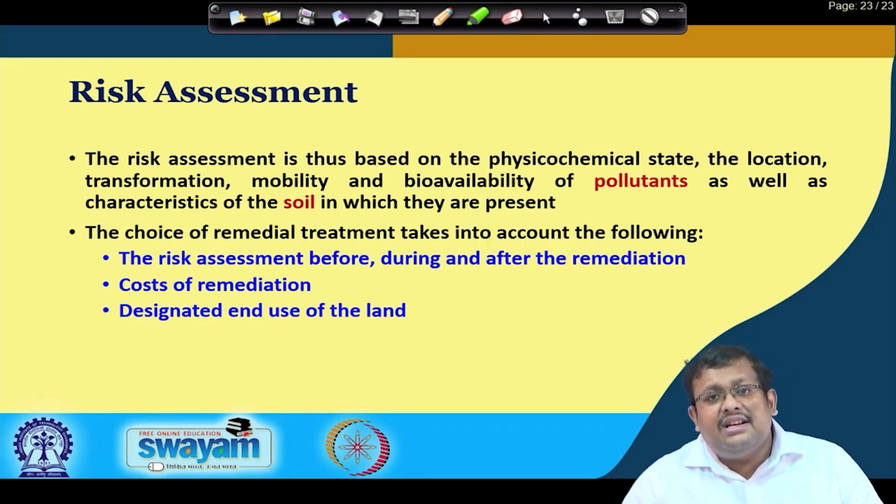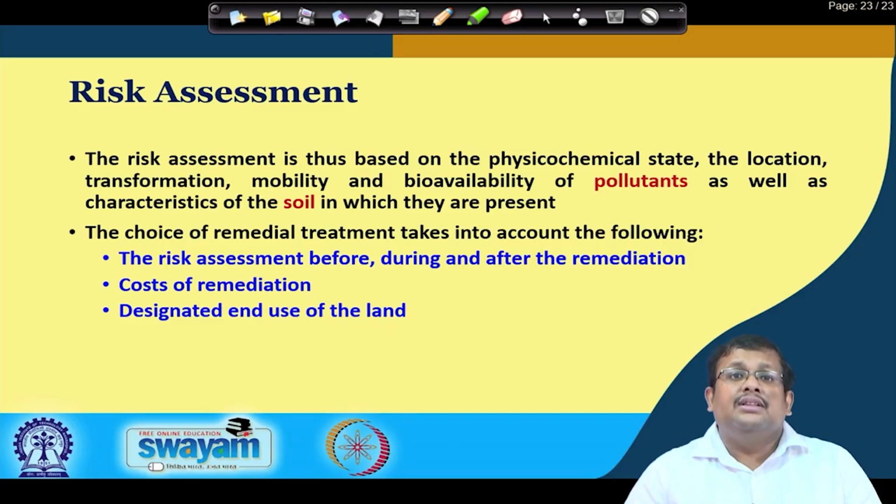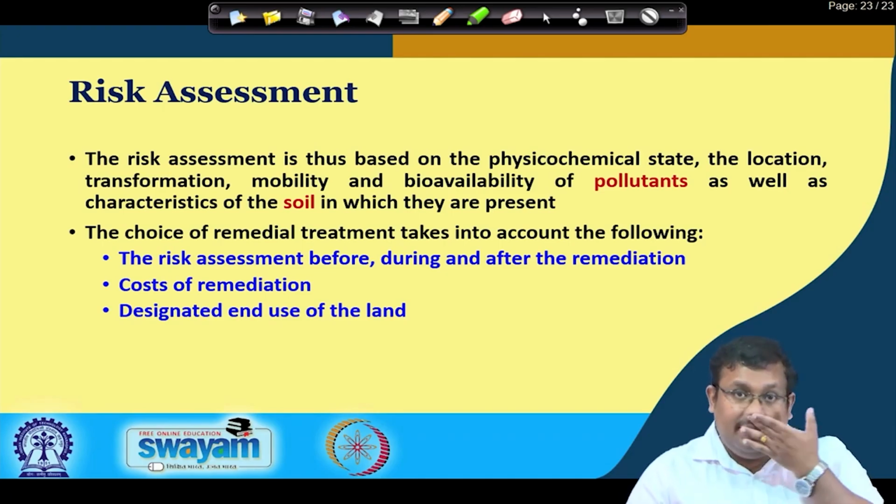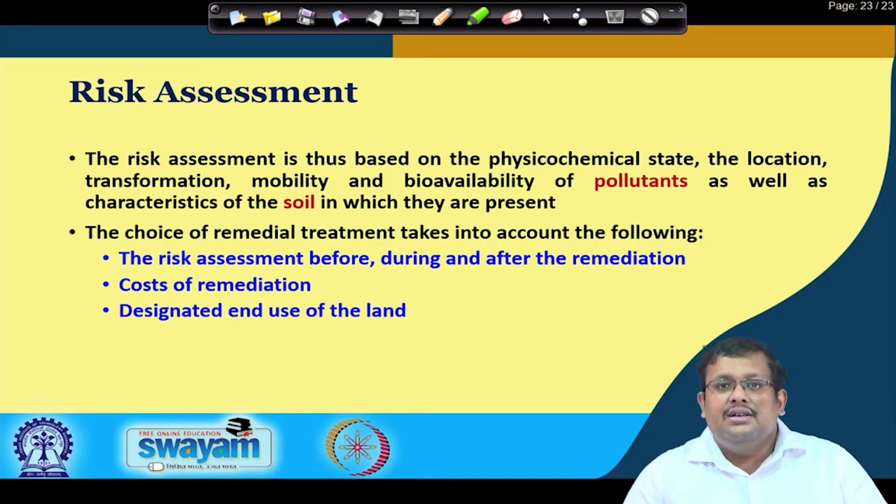So, when you design a remedial treatment, it is very important that you have considered that risk assessment before, during and after the remediation. You have to consider the cost of remediation. If it is too high, you have to reconsider it, and the designated end use of the land.